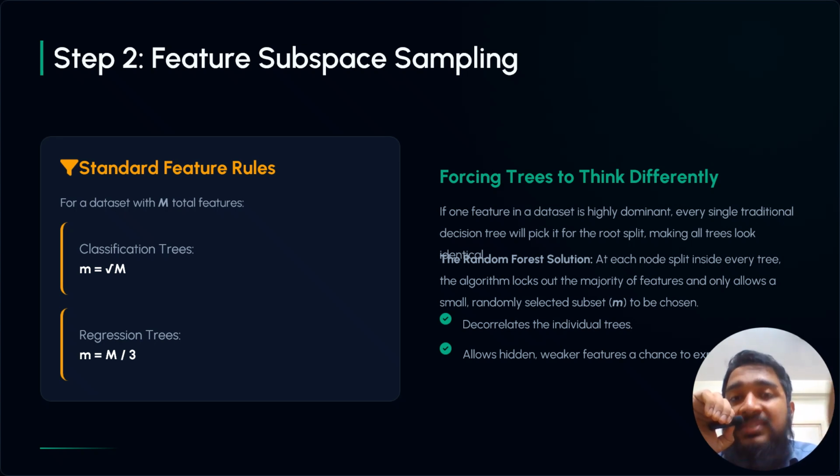Only a few randomly selected features are scanned, and information gain or Gini impurity is used to form those trees. What happens here is that the less dominant features get to express themselves, and the decision trees don't look identical. They're decorrelated. Thanks to feature subspace sampling, each decision tree in a random forest looks different.